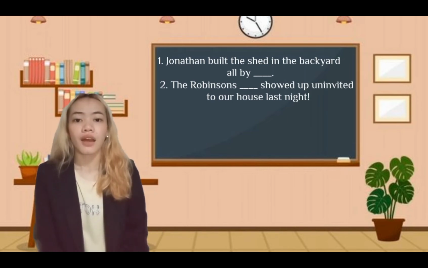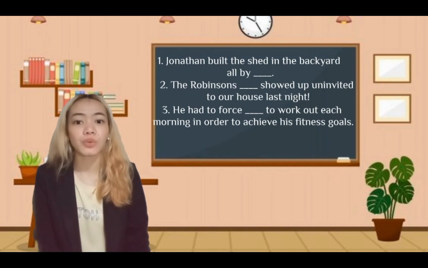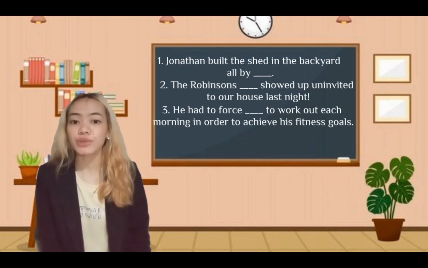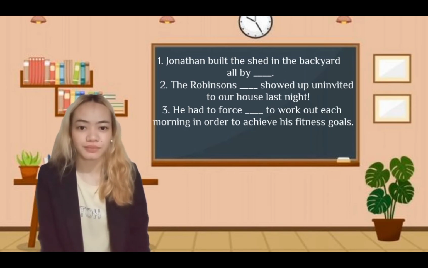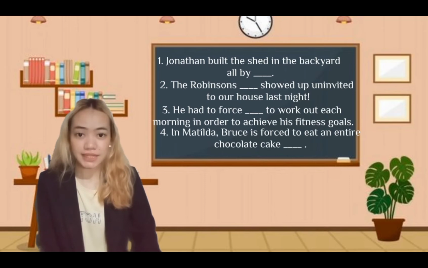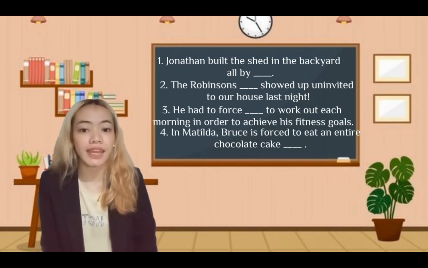Okay. Number 3. He had to force blank to work out each morning in order to achieve his fitness goals. He had to force blank to work out each morning in order to achieve his fitness goals. Okay. And in number 4, in Matilda, Bruce is forced to eat an entire chocolate cake blank.